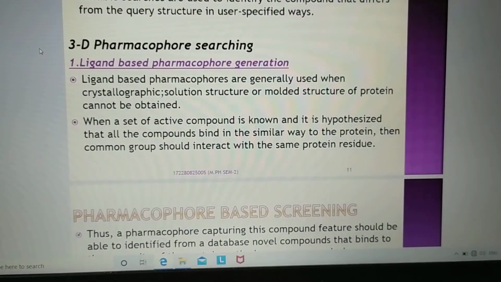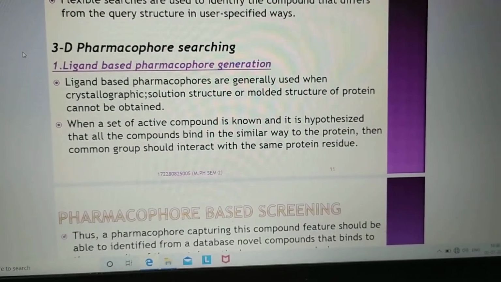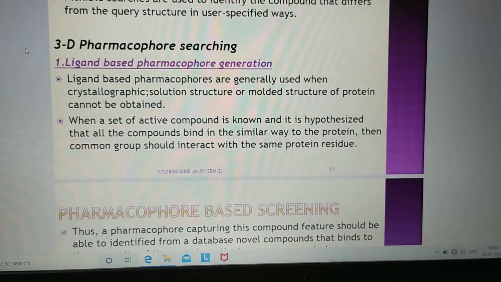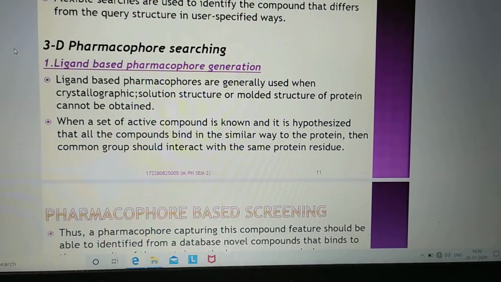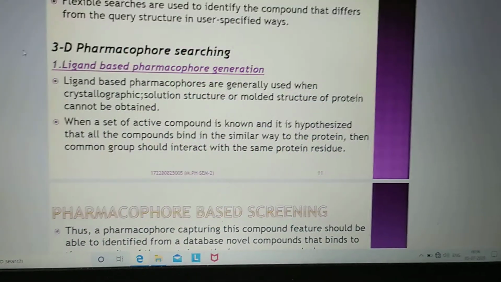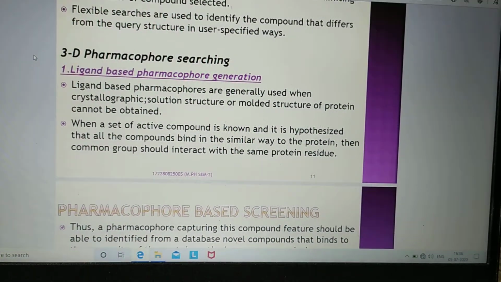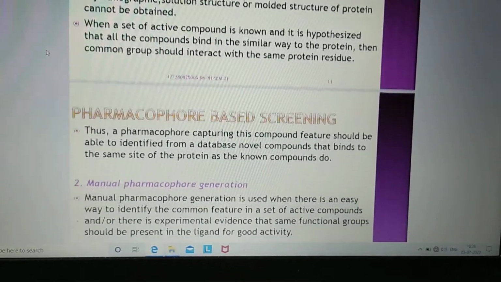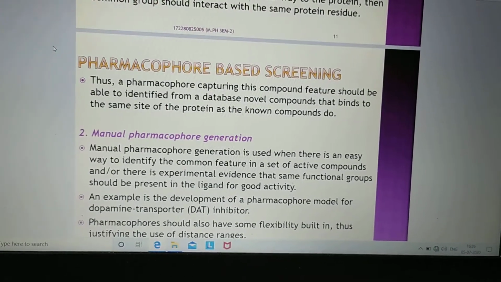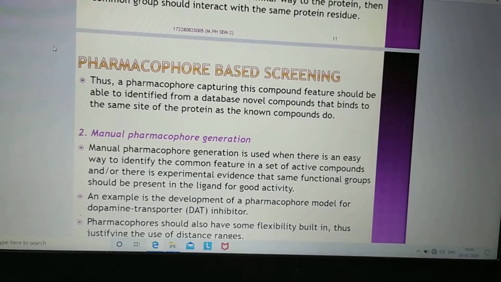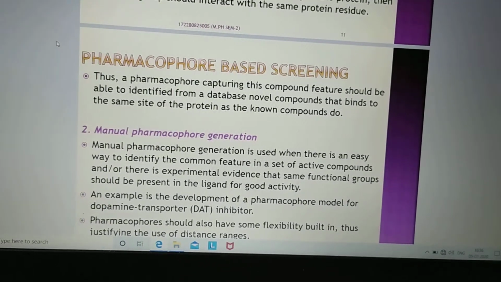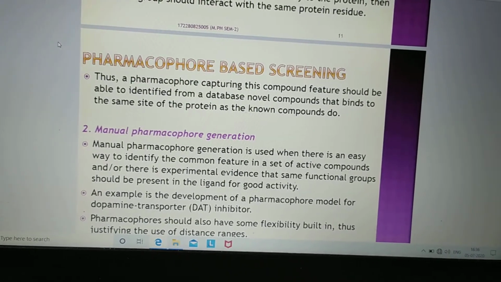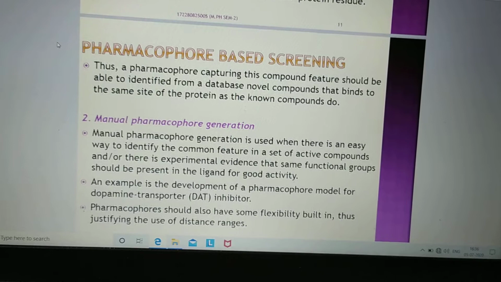When a set of active compounds is known and it is hypothesized that all compounds bind in a similar way to the protein, then common groups should interact with the same protein residues. A pharmacophore capturing these compound features should be able to identify novel compounds from a database that bind to the same site of the protein as the known compounds do.